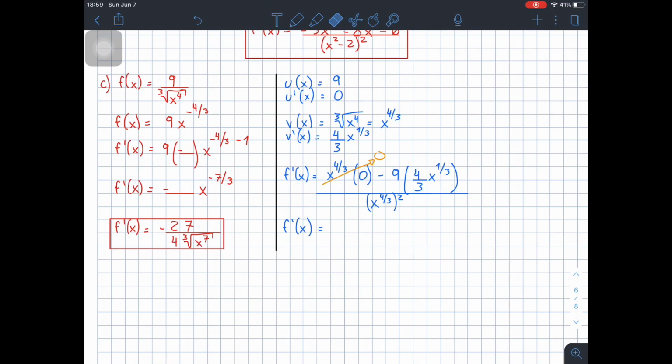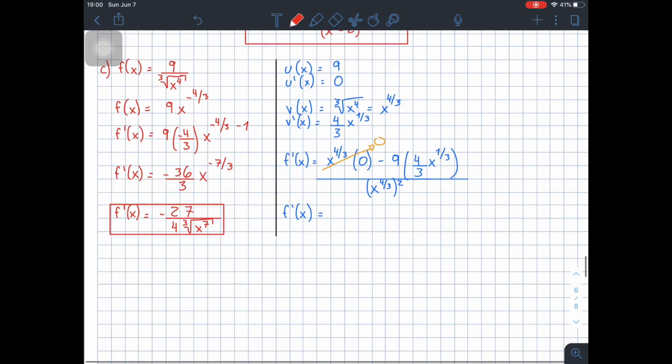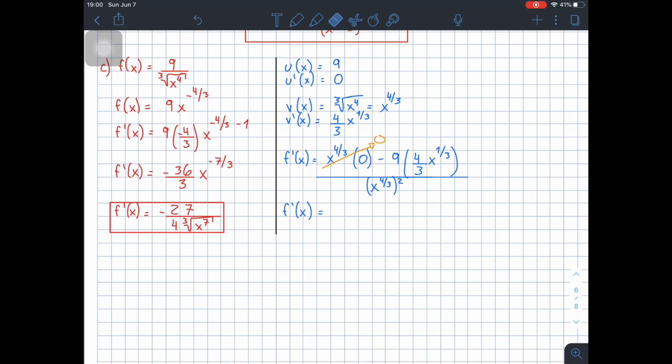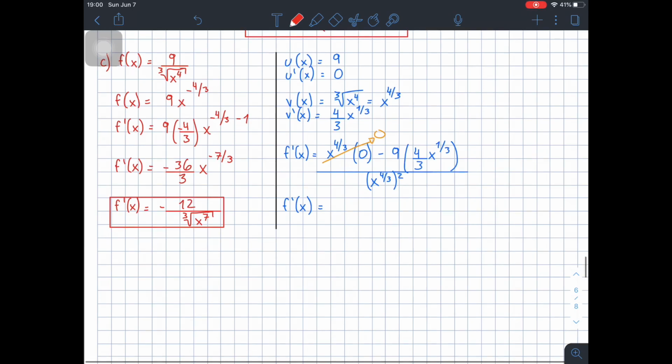Sorry. It should be negative 4/3. There you go. So this is negative 36 over 3 and we are able to simplify that. Negative 36 over 3, that's 12, right? So this is negative 12 over the cubic root. There you go, that's fine.